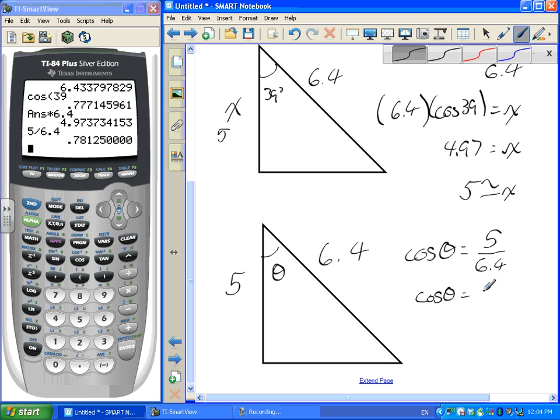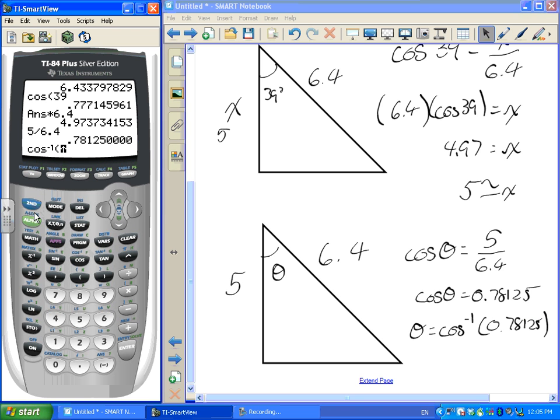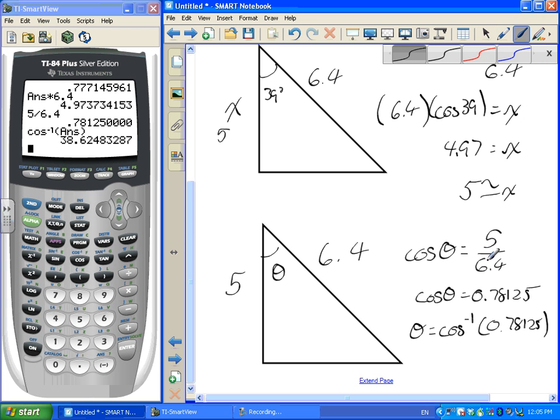Get a ridiculous number, 0.78125. When I bring cos to the other side, it's inverted. So second function, cos, to the answer from before. And we get an angle of 38.6. Theta is approximately 39 degrees.